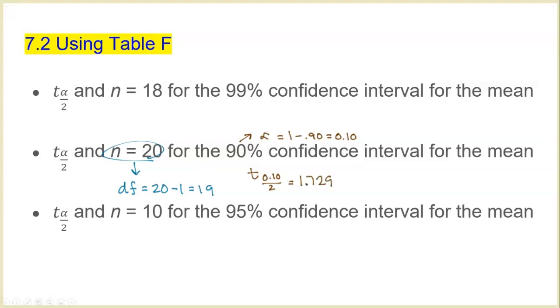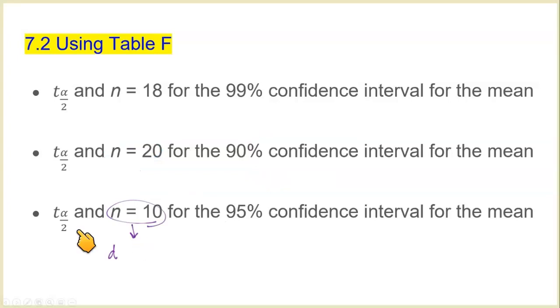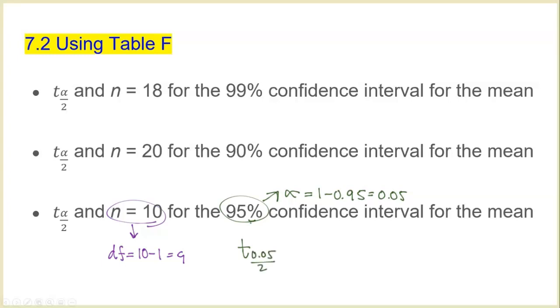And then for the last example, I want to find a critical value for a sample size of 10 and a 95% confidence interval. So my degree of freedom would be 9, 10 minus 1. My alpha would be 1 minus 0.95, which is 0.05. So a critical value for 0.05 divided by 2.